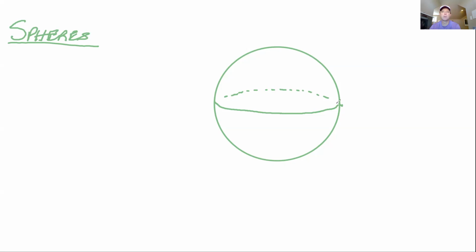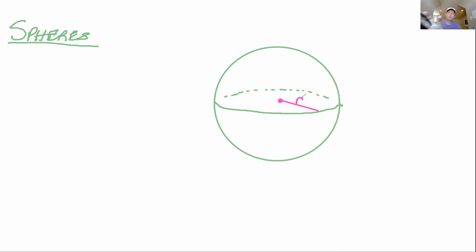And then, even cooler, I will draw a radius like this. This gives you a little bit of depth perception to show that there's a radius to that circle, but really to that equator.